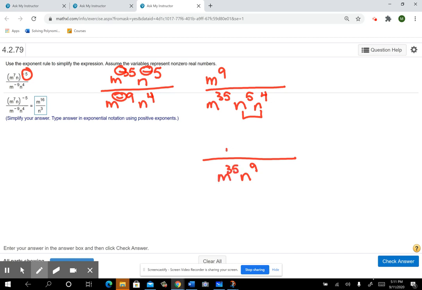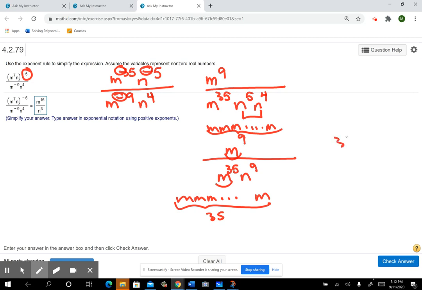Okay. And so now the top and bottom are simplified, but I'm noticing that I've got an m here and an m there. So you should be thinking of it kind of like this. You got a whole bunch of m's here, you got a whole bunch of m's here. And you know, here you have 35 of them. Here you have 9. So you're going to be able to cancel out 9 of them.